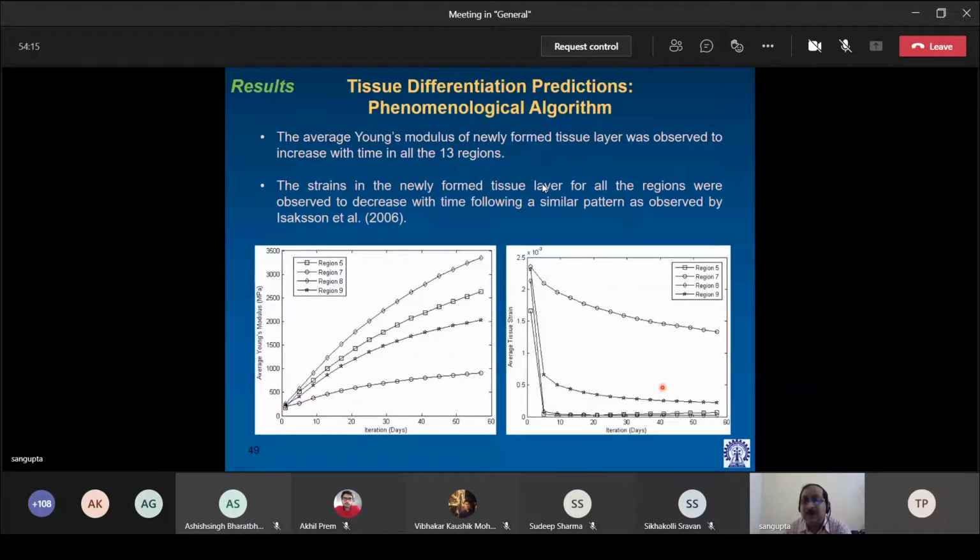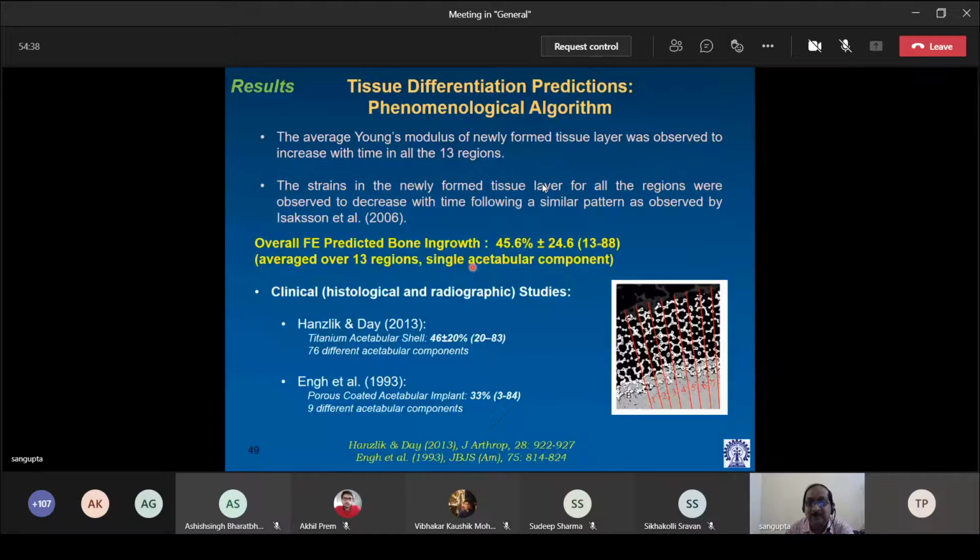And obviously, the strain in the intermediate spacings, the newly formed tissue layer, is decreasing, which means that the stiffness of the newly formed tissue layer is on the rise. That means there is more bone formation already in the newly formed tissue layer.